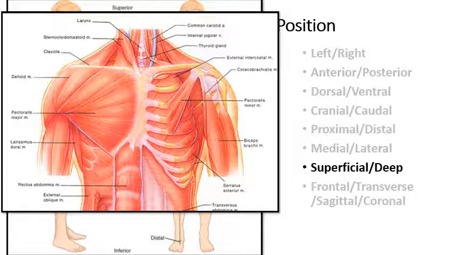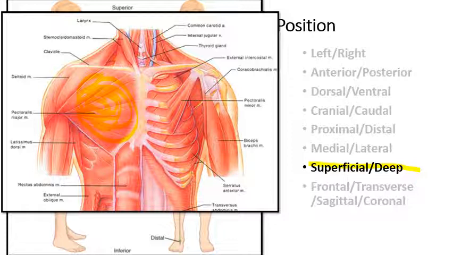Now here's another term that we have to become familiar with. Superficial versus deep. Superficial means on the surface. So here we have some muscles. We're going to learn all about these muscles. These muscles that are located near the surface of your chest are called the pectoralis major muscles, and they are classified as superficial muscles because they're near the surface.